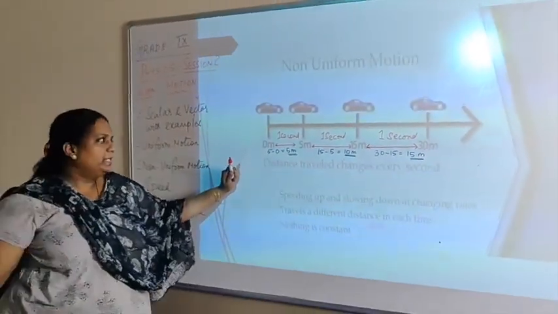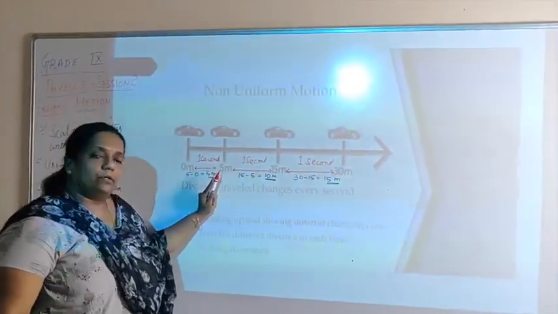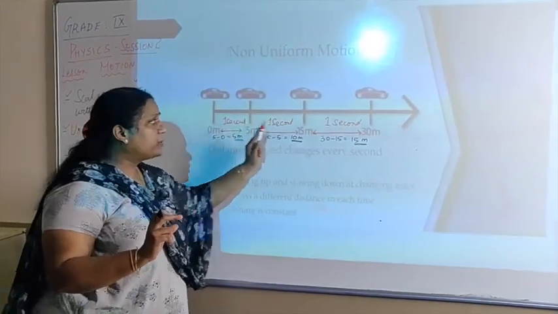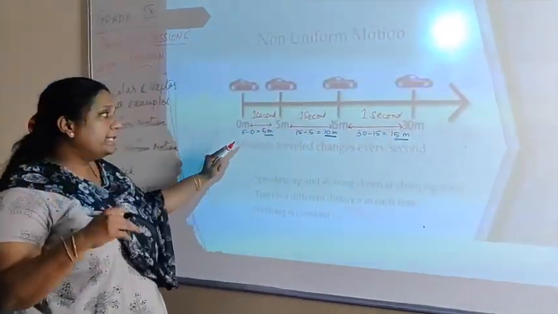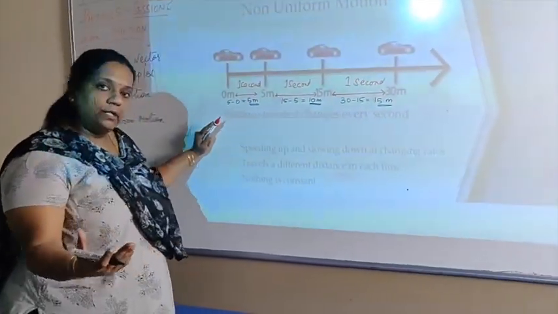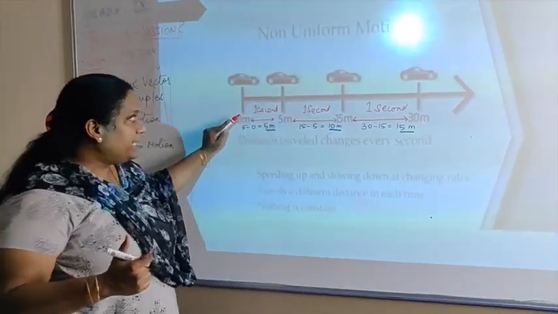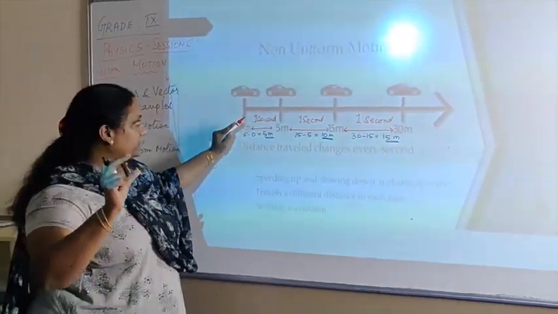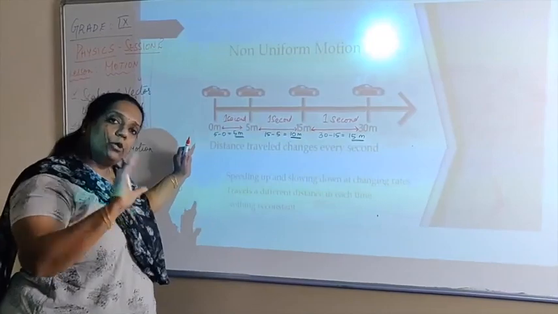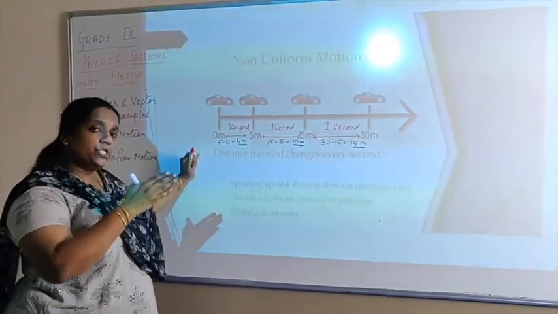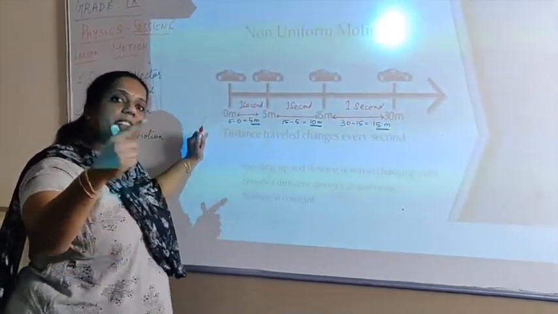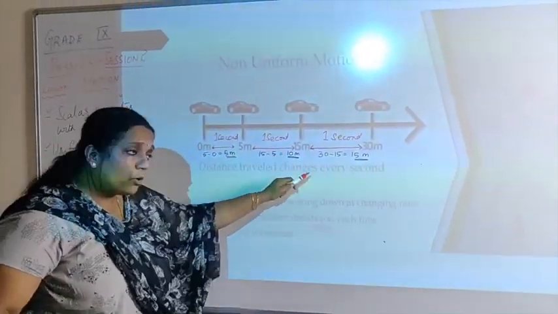Now you will tell me what quantity has remained constant here and which quantity has kept on changing. Exactly. The time gap, the time that I am considering, has remained constant. I have considered its position at the end of every 1 second. But what has kept on changing?